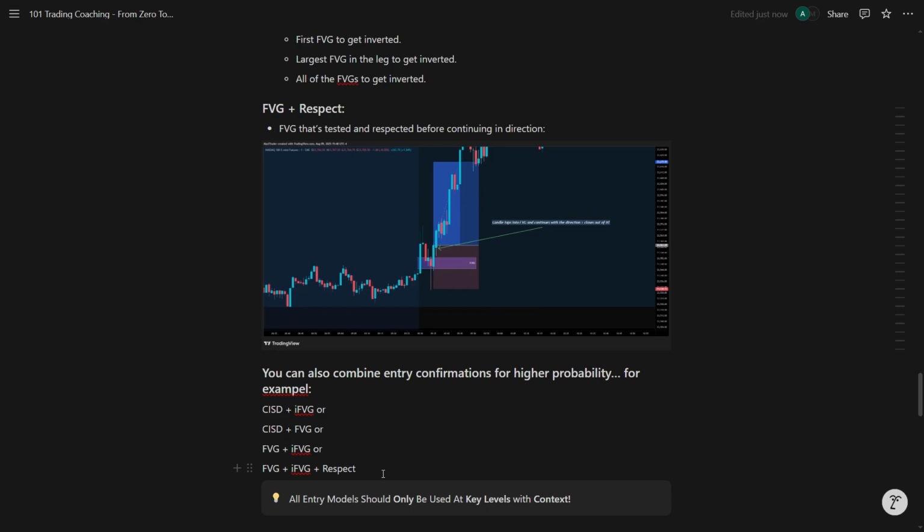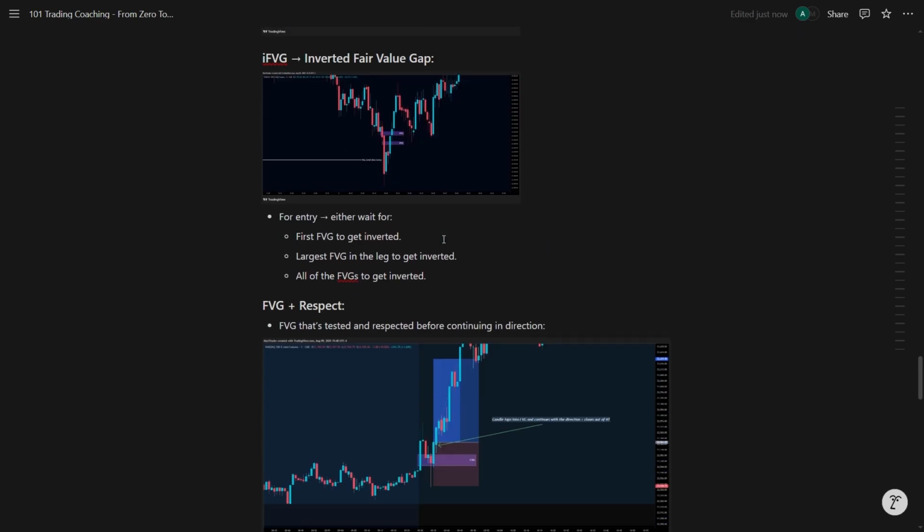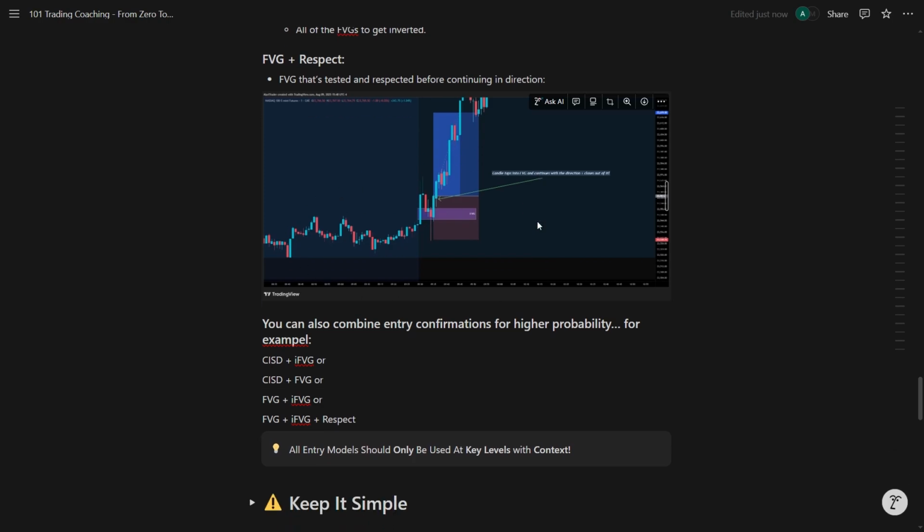Again, you have to test and see which one works best for you. For me, I use all of these different entry confirmations, but depending on the context, there's not only one I stick to. But again, the most important part of this is that they should only be used at key levels or with context.